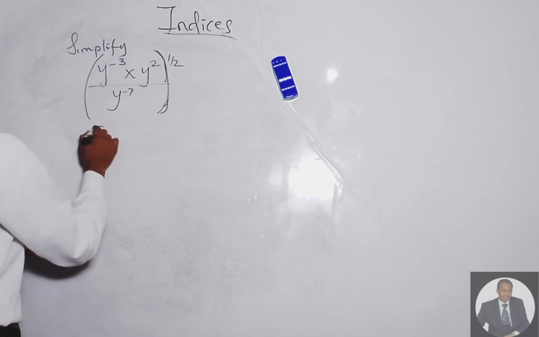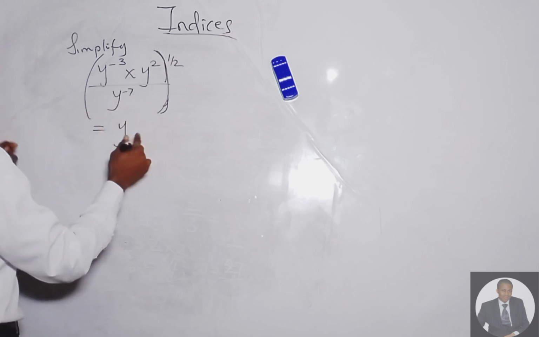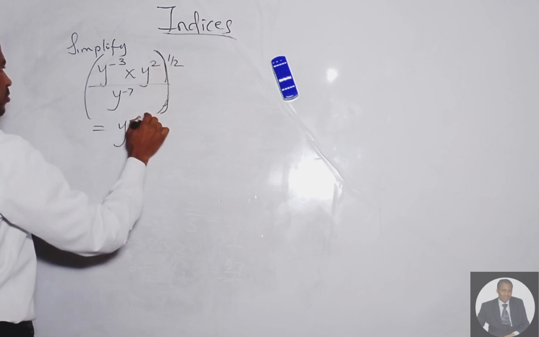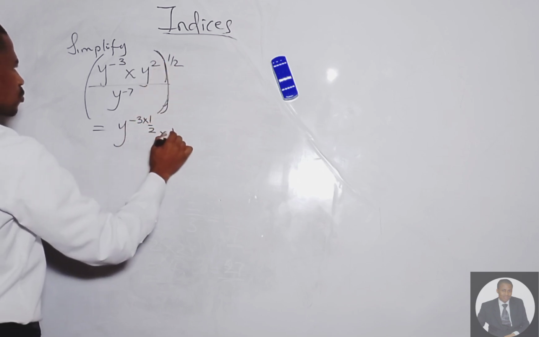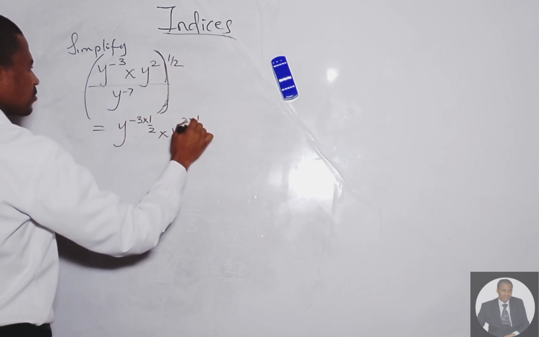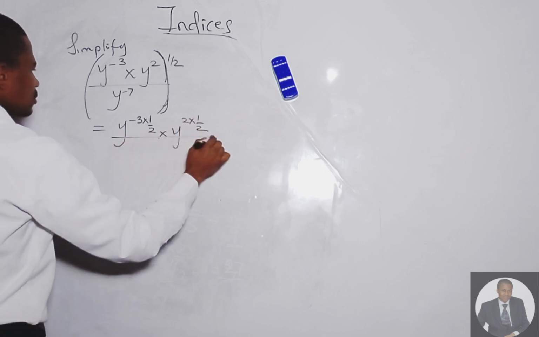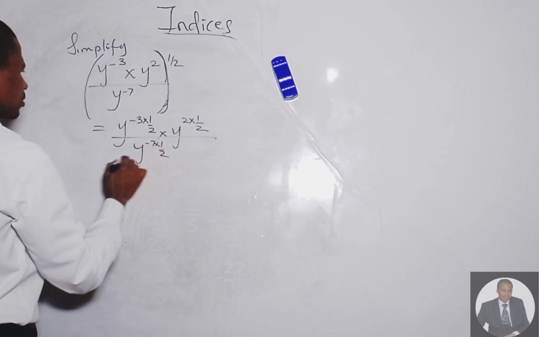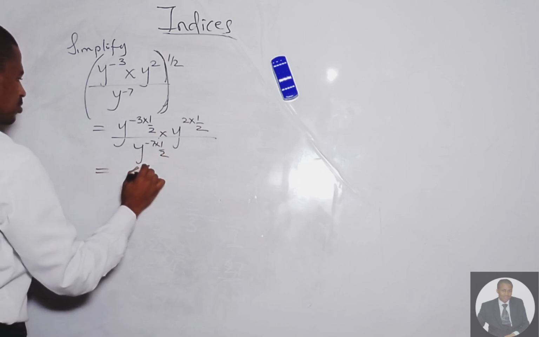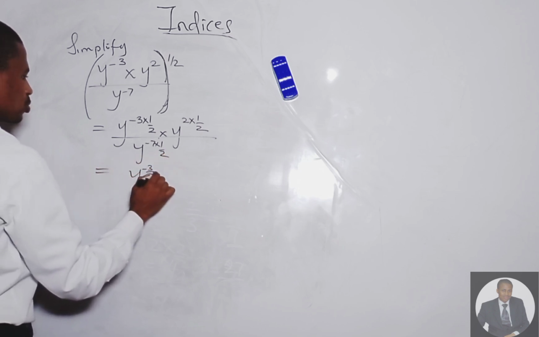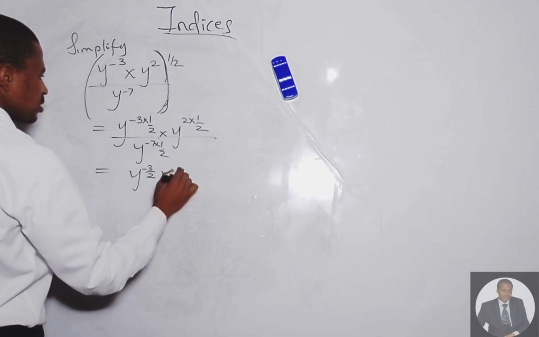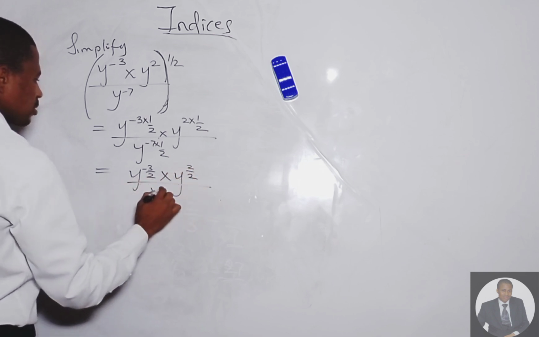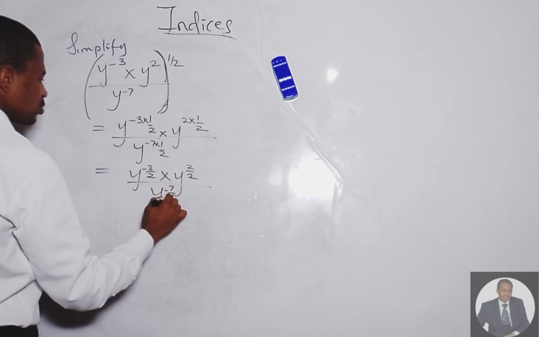What does this mean? Let's open the bracket. y raised to the power minus 3 times the half, times y raised to the power 2 times the half, then y raised to the power minus 7 times the half. That's y minus 3 over 2 times y 2 over 2, all over y minus 7 over 2.